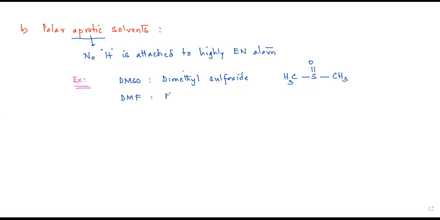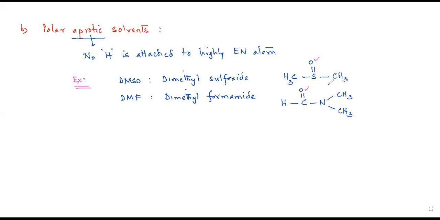Take DMF, dimethyl formamide. See, this is your formamide, but when these hydrogens are replaced by methyl groups, you get dimethyl formamide. Even here also, you don't have a hydrogen attached to oxygen.